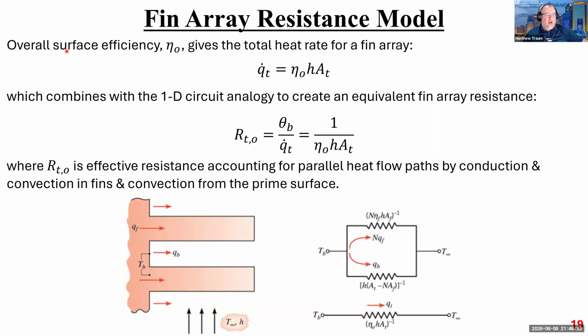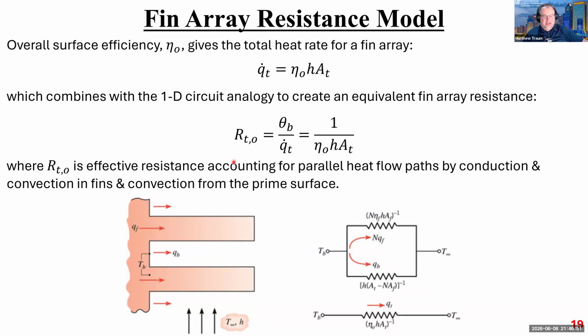So I say here, overall surface efficiency gives the total heat rate for the fin array. So here's the total heat rate. It's the overall surface efficiency times h A_T, which combines with the 1D circuit analogy to create an equivalent fin array resistance.